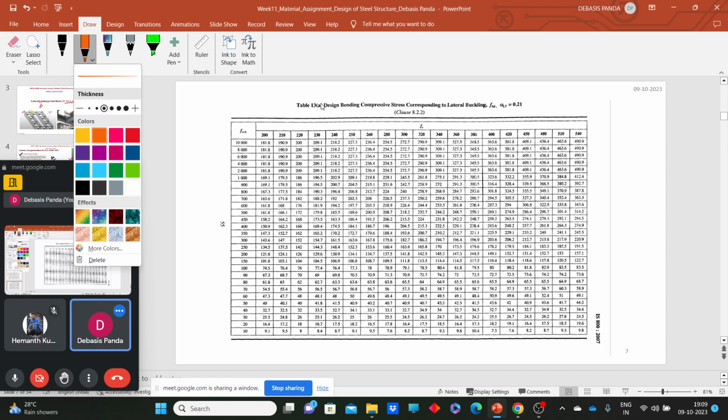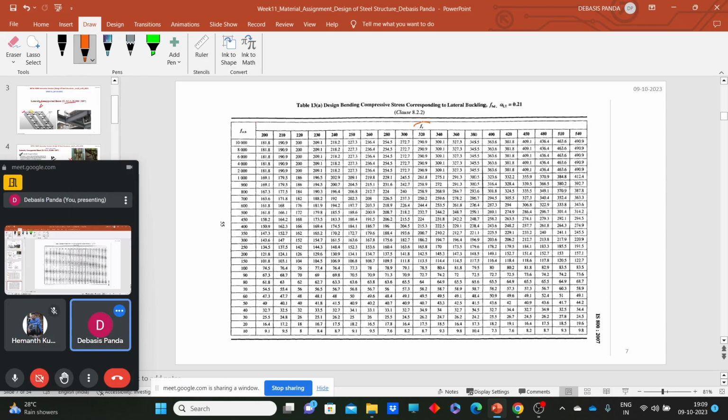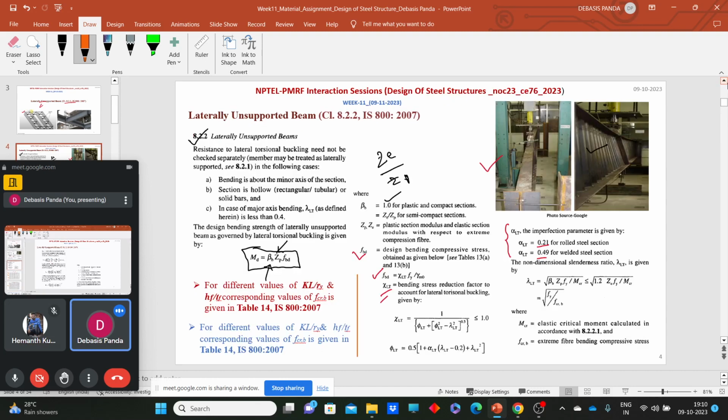So from Table 13A, we can find the value of FBD depending upon Fy, that means the yield strength, and the FCRB value. Now, once we know the FBD value, we can easily calculate the design bending strength for a laterally unsupported beam using MD equals to beta B ZP into FBD.